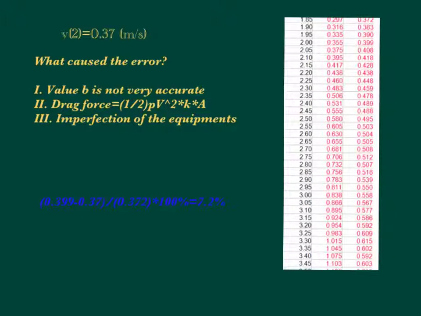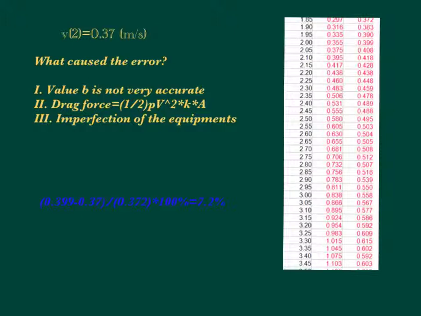Our team members concluded that there are 3 factors that actually influenced the outcome. First, the value of b is not very accurate. We find the value of b by finding the terminal velocity. However, because of the imperfection of the equipment, the value of b may not be perfectly accurate. Also, the second factor, which is also the most important among all, is the drag force.